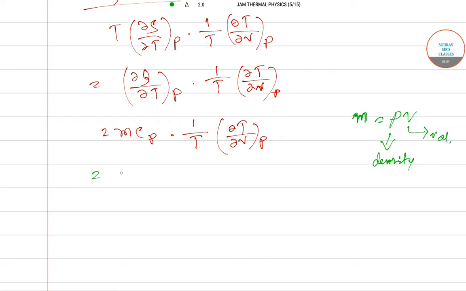So now this is rho into V into 1 by T into Cp into del T del V at constant P.